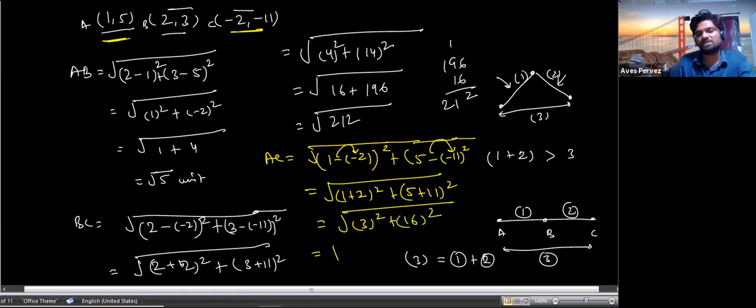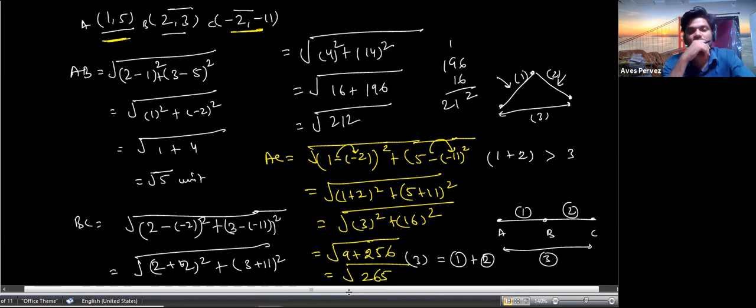So 3 square is 9, plus 16 square is 256. 256 plus 9 will be 265. Okay, so here we have root 5 and root 212, and root 265.